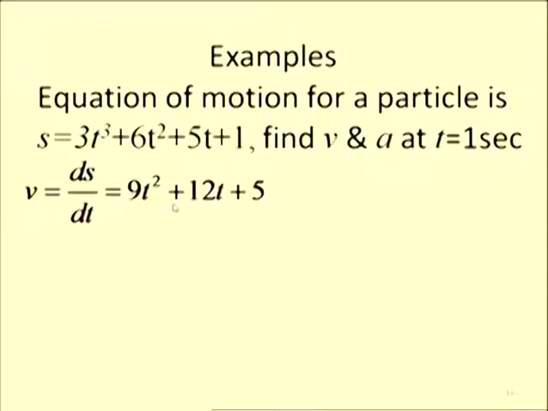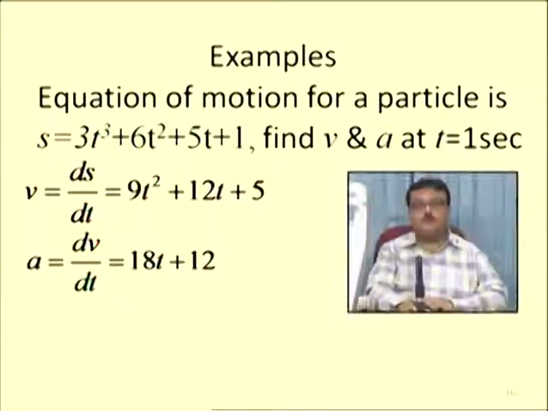So the derivative of 3t cube plus 6t square plus 5t plus 1 is 9t square plus 12t plus 5. Now we find a, that is dv by dt.